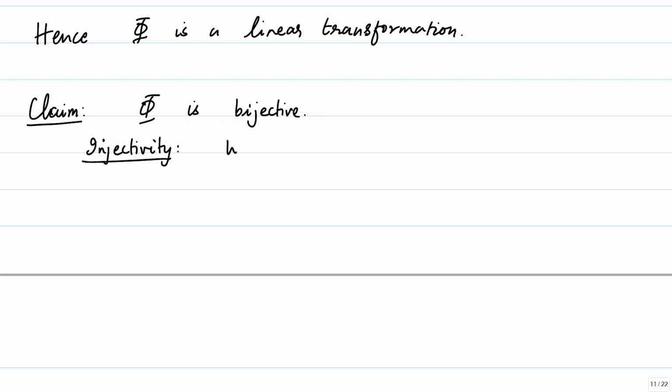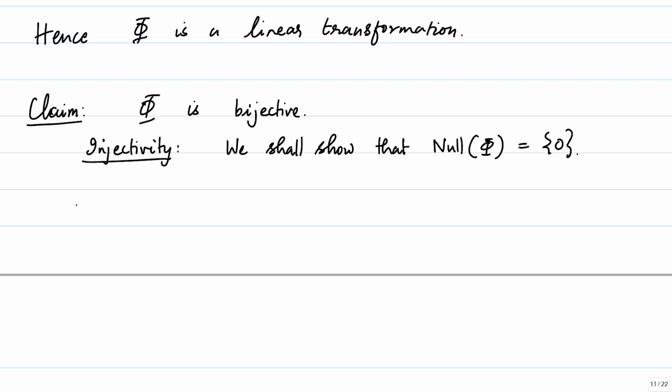Okay, so injectivity, we shall show that the null space of phi is the 0 vector. What is the 0 vector? The 0 vector is 0, 0, 0, n times, where the ith coordinate is the 0 linear transformation on Vi. That is what the 0 on the right here will be, right?